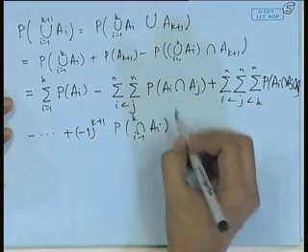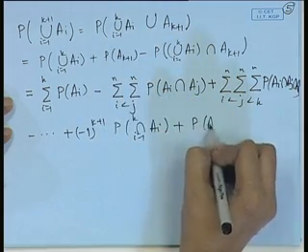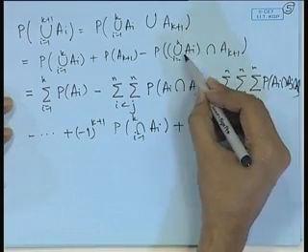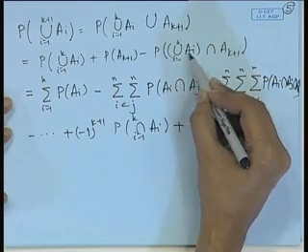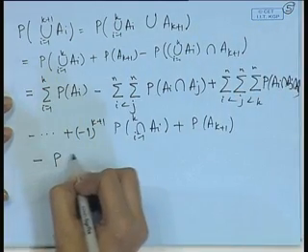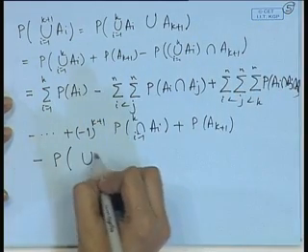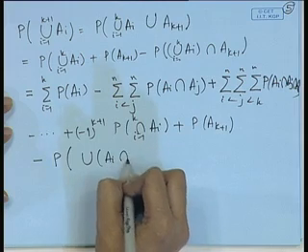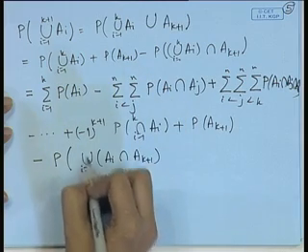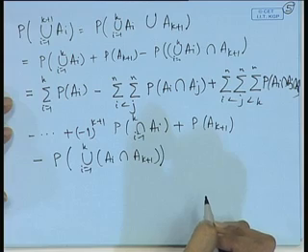Now, then we have probability of Ak plus 1, and here we apply the distributive property of the unions and intersections. So, this becomes minus probability of union Ai intersection A k plus 1, i is equal to 1 to k.